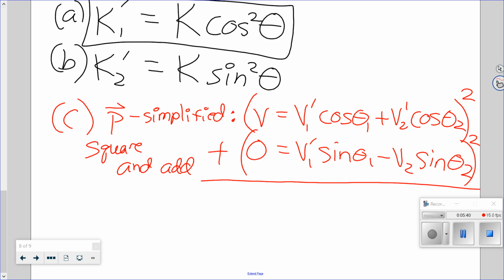Let me check how they simplified this. I think they are using a trig identity. So I'll give it to you. And then you can show that theta 1 plus theta 2 equals something special that you can probably guess.